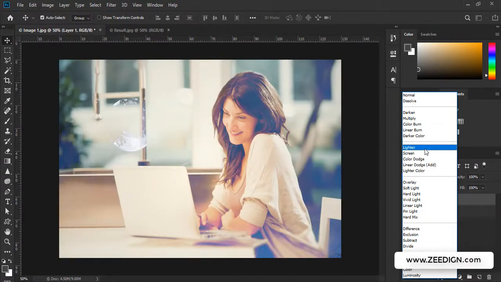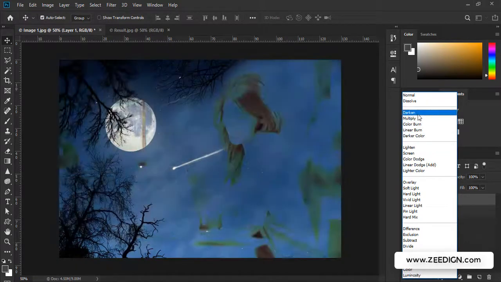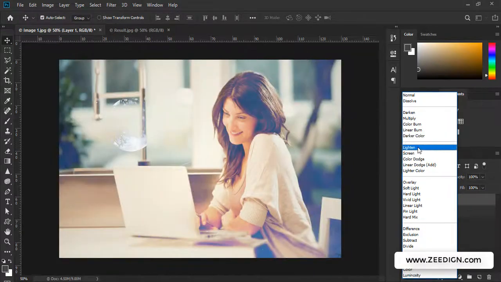Okay, so I'm sure you could see the difference. When I picked darken it was like that, when I said lighten, a lot of difference, right? So in this category, each of these blend modes is going to make things lighter and brighter. So let's see how it goes.